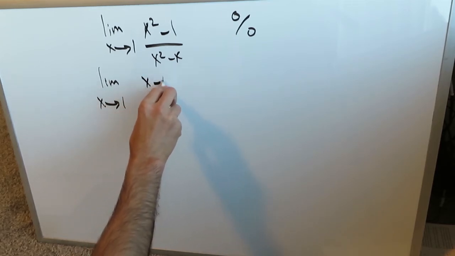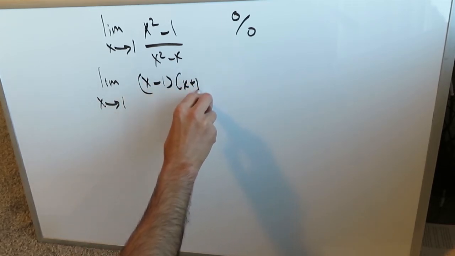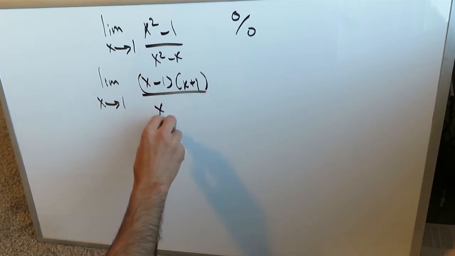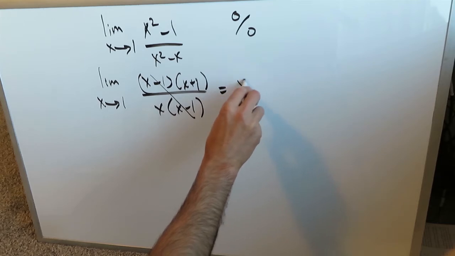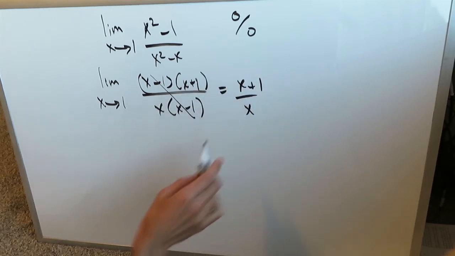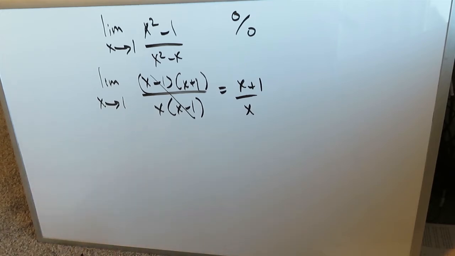You can look at the top as x minus 1 times x plus 1, and you can look at the bottom as x minus 1. You can cancel these out, so you're basically looking at x plus 1 over x. Now if you put in 1 over here, we find out that this indeterminate form of 0 over 0 was not as indeterminate as it seemingly appeared.